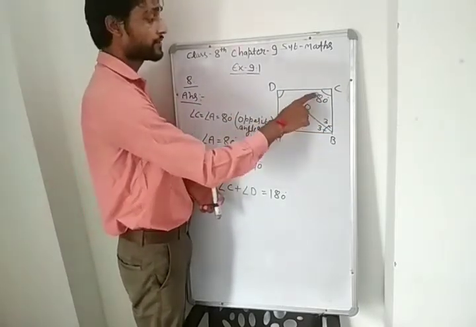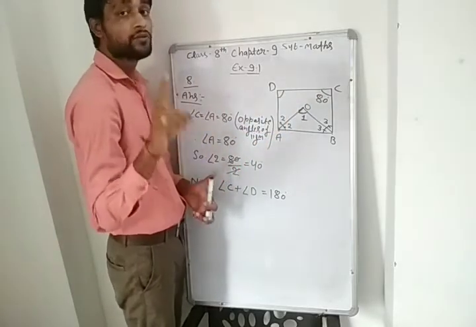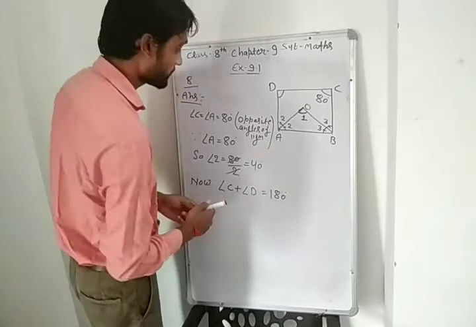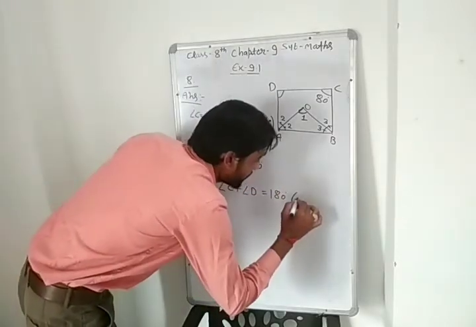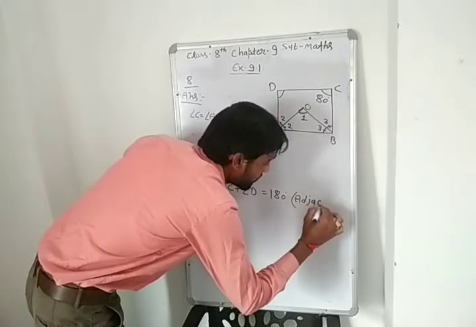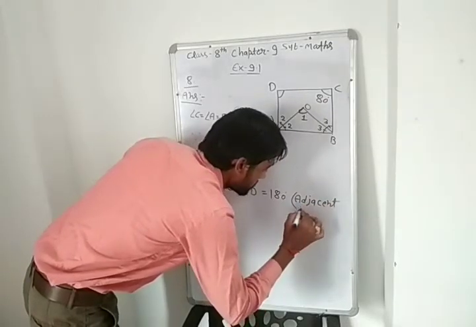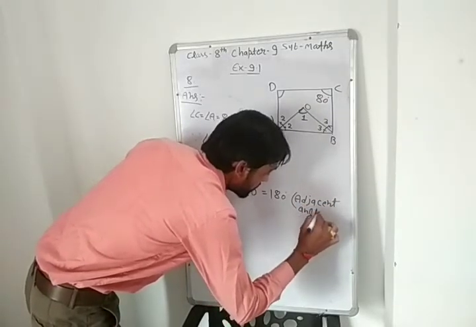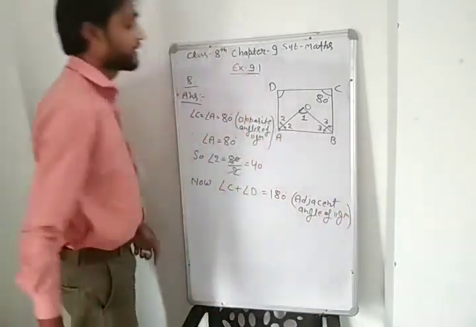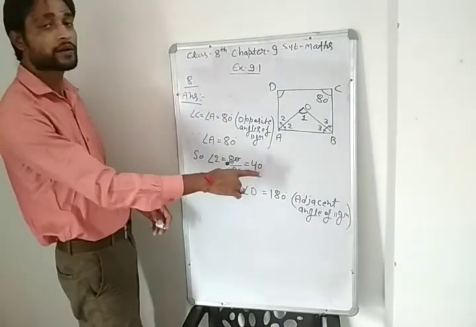So the sum of C and D is equal to 180 degrees. That's why C plus D is equal to 180 degrees, adjacent angles of a parallelogram.